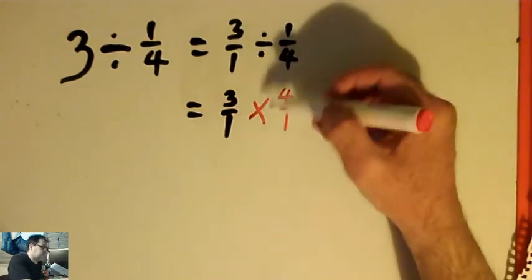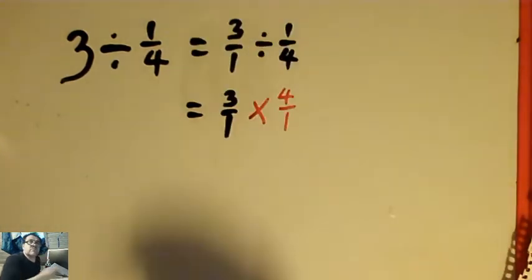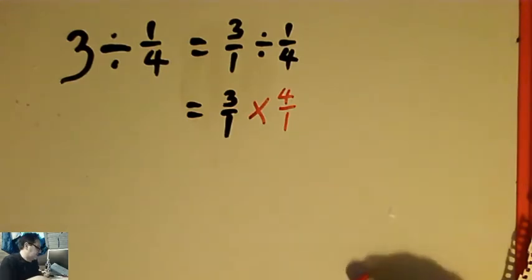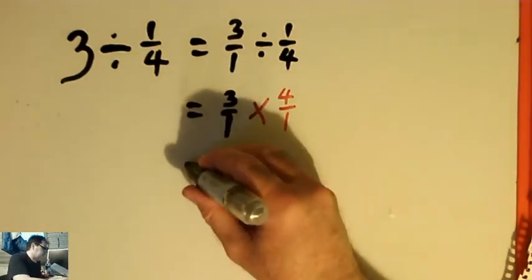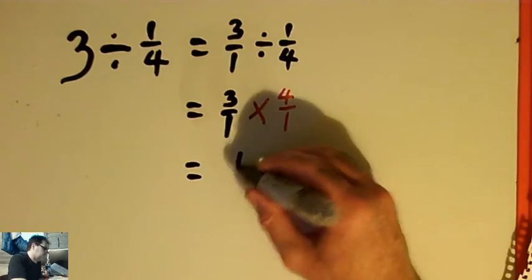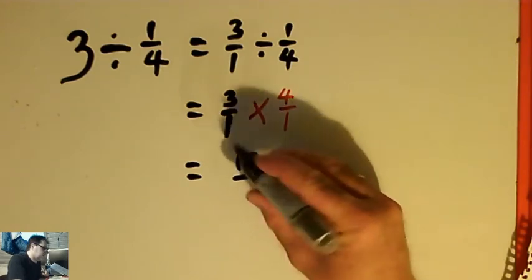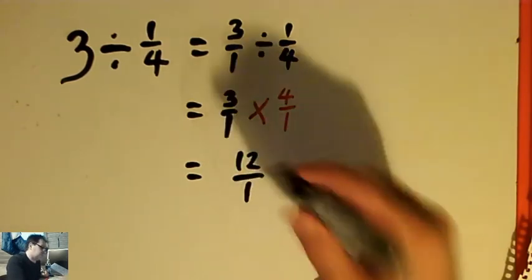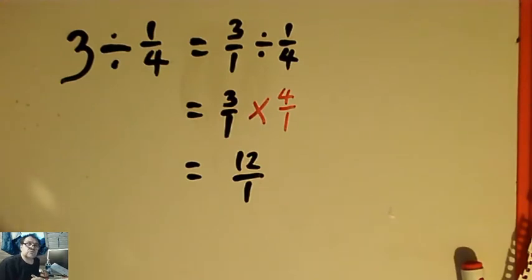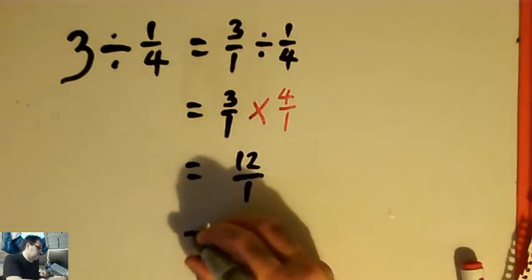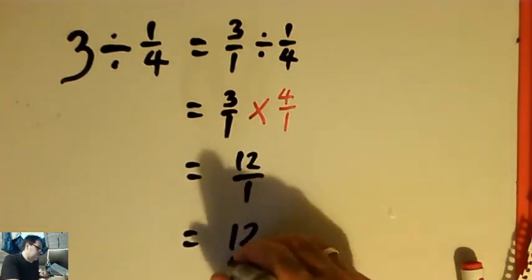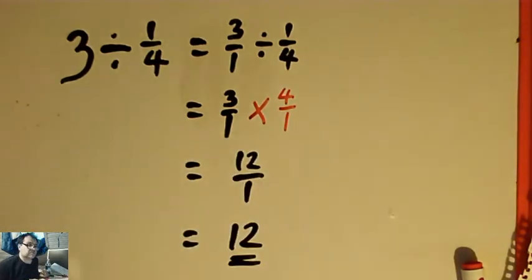So change it to times, flip it over to 4/1. And then that's 3 times 4 on the top is 12. 1 times 1 on the bottom is 1, so that's the same as 12/1, which is just 12 divided by 1, 12.